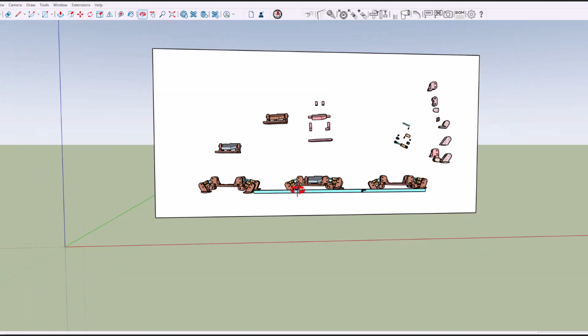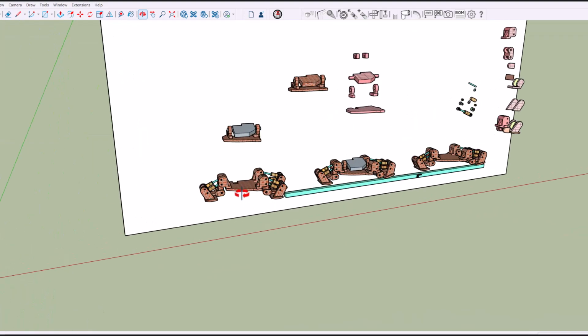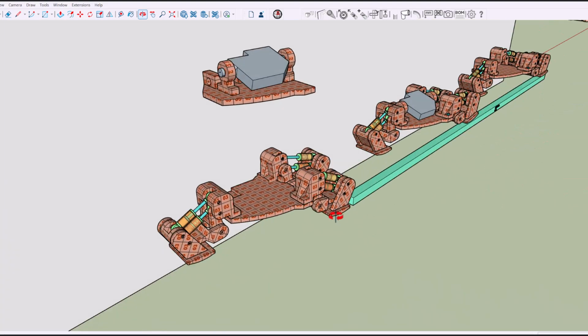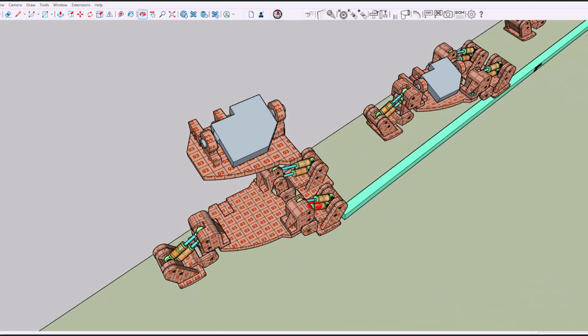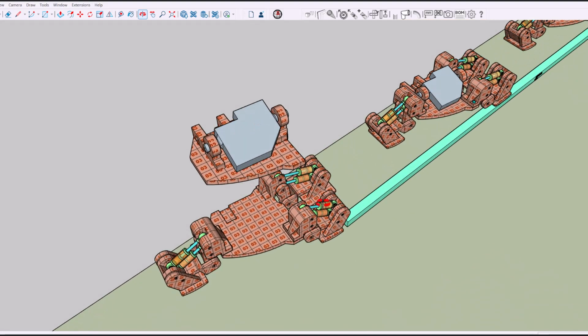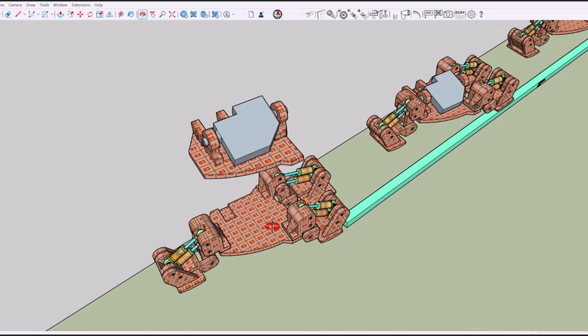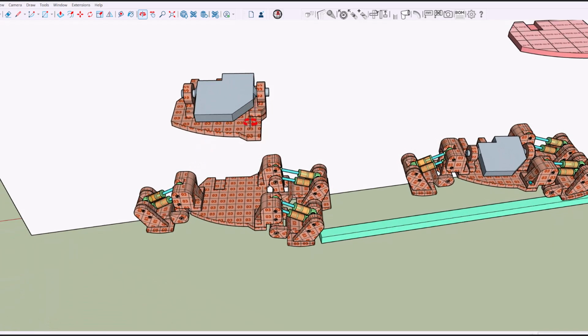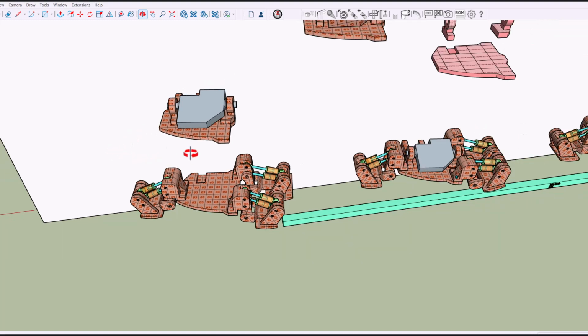All right, and so now we're in SketchUp. And here is the right foot of the robot. The right big toe, the right little toe, and the right heel. This is the inversion eversion plate.